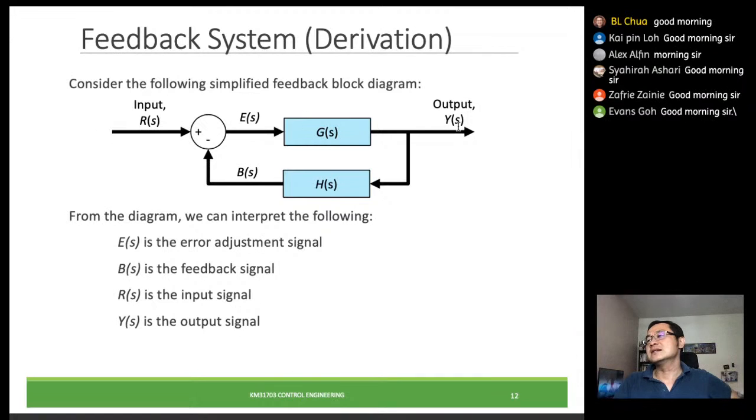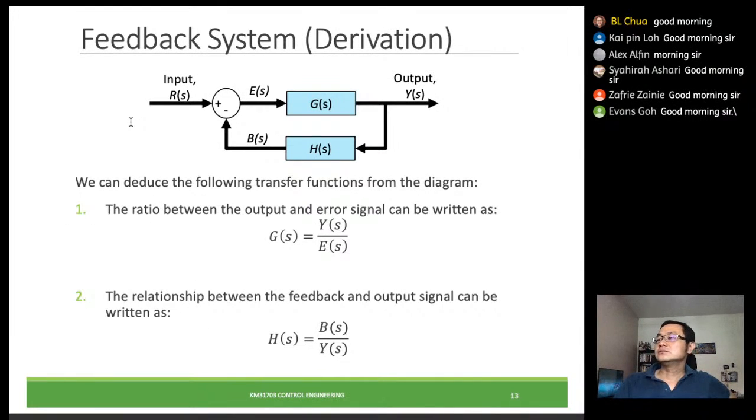So this is our considerations, a simple feedback control system diagram. This is the error, this is the feedback, this is our output, and this is our input. Here we can see that the ratio between the output and the error signal will give us the transfer function of G. We just remove the rest, assuming it is not there.